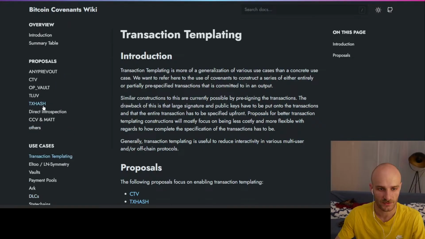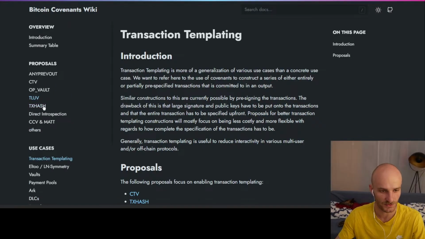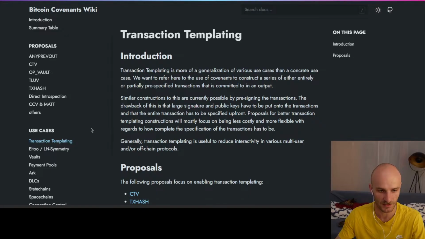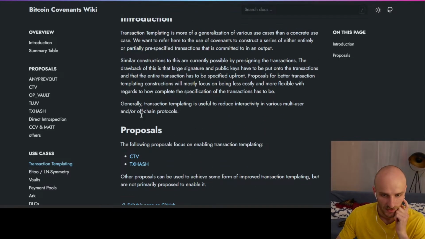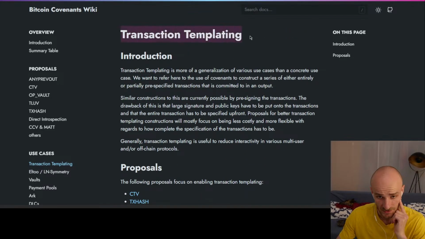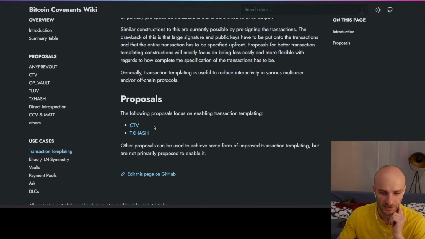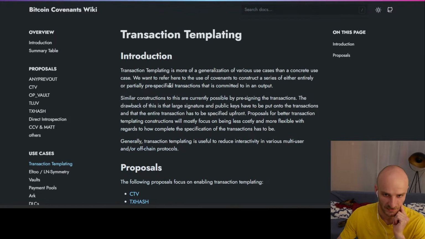So as we have already seen in the other videos, studying this topic doesn't have a linear path. At least the one that is working for me is more a cyclical path, in which I started from a use case, the transaction templating, for example, and after understanding the transaction templating generalization, I explored the proposals which would allow to implement it in the blockchain.